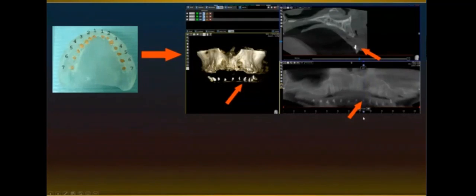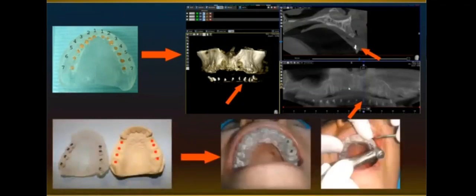And when I get the cross-sectional cut on this gutta-percha point, I can see the morphology or the shape of the bone at this site. Therefore, I can correlate between the gutta-percha point in the patient's mouth and on the CT scan. Now I can take my measurements here, and I'm sure that if I use this stent during the surgery, it will exactly allow me to drill in this clinical site that I have determined.